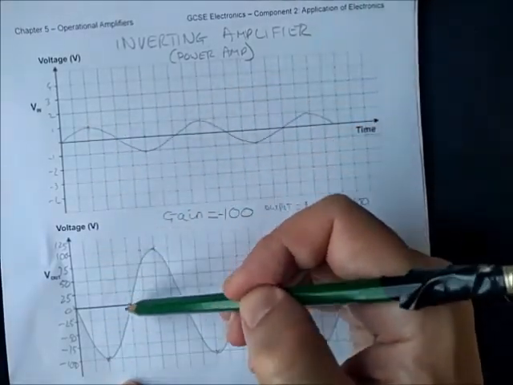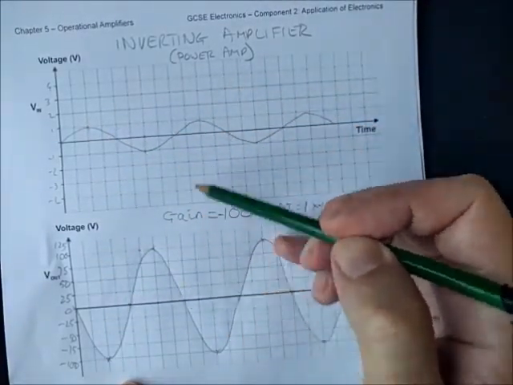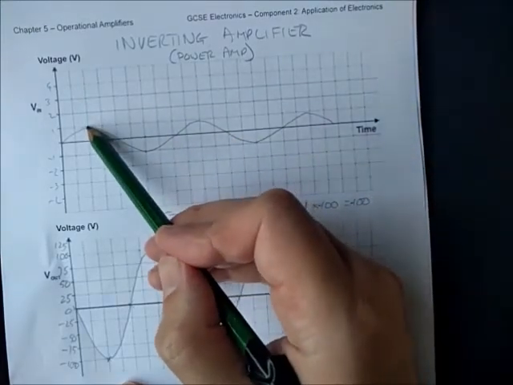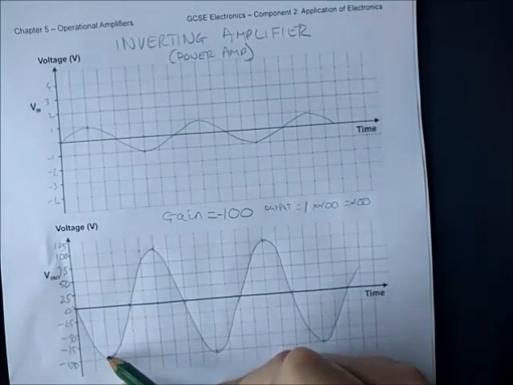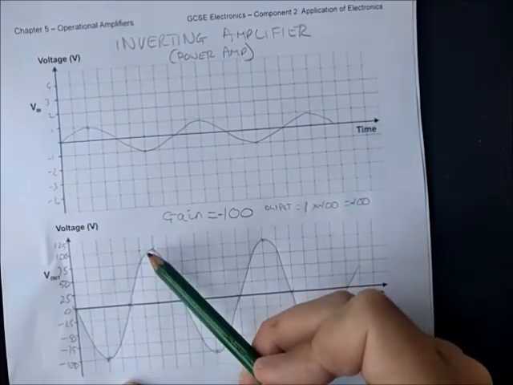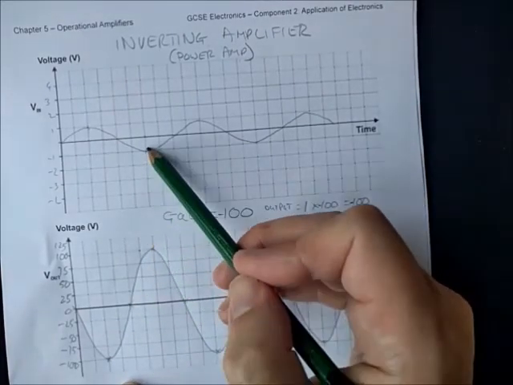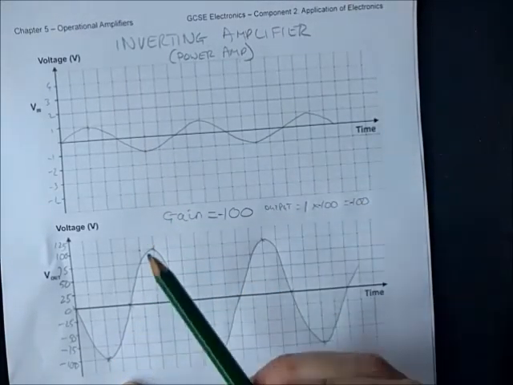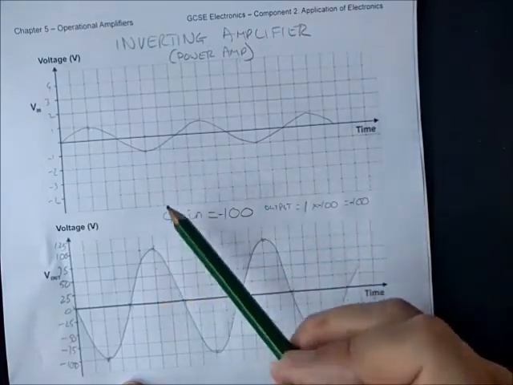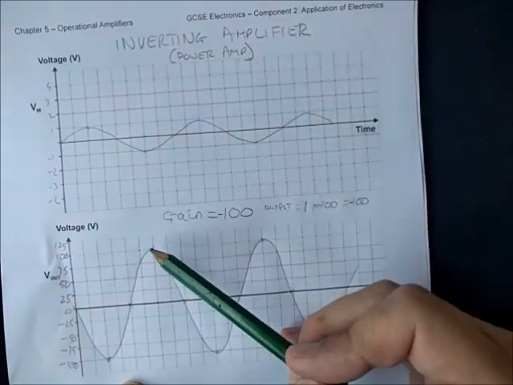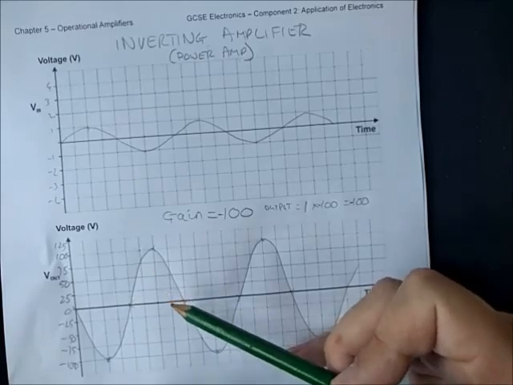It still crosses the axes at exactly the same place, but when it reaches a peak here, it's going to a trough at this point here. When it reaches a peak on the output, it's actually a trough on the input. So it's doing the same as a non-inverting amplifier was. It's just flipping the signal upside down.